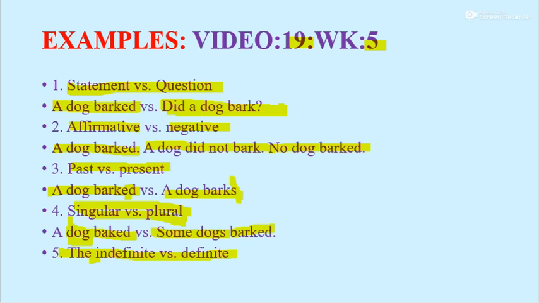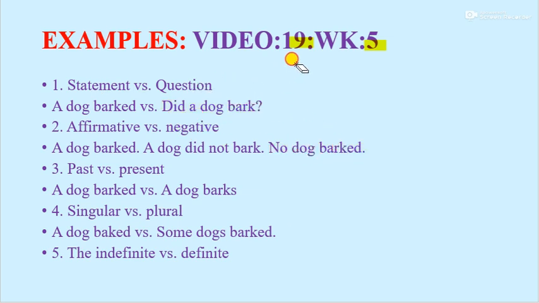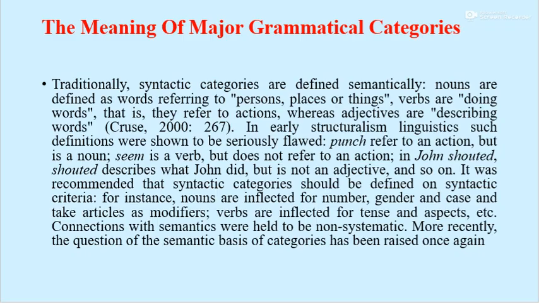So on the basis of lexical grammar and grammatical meaning, we can differentiate and explain grammatical meaning and lexical meaning, and we can come to grammatical semantics: how the grammar plays a role in semantics. Then we talk about the meaning of major grammatical categories.